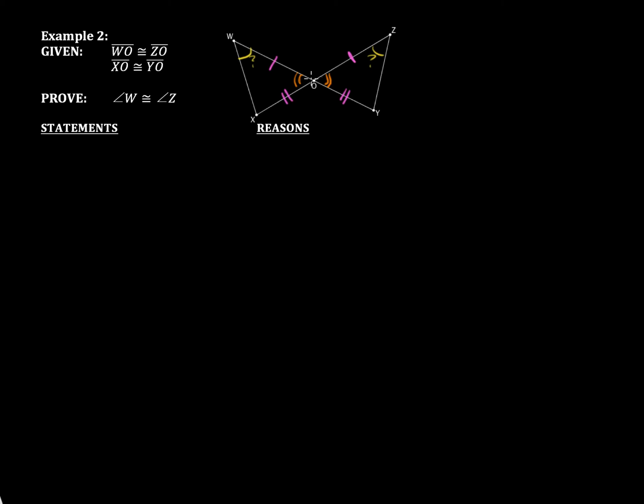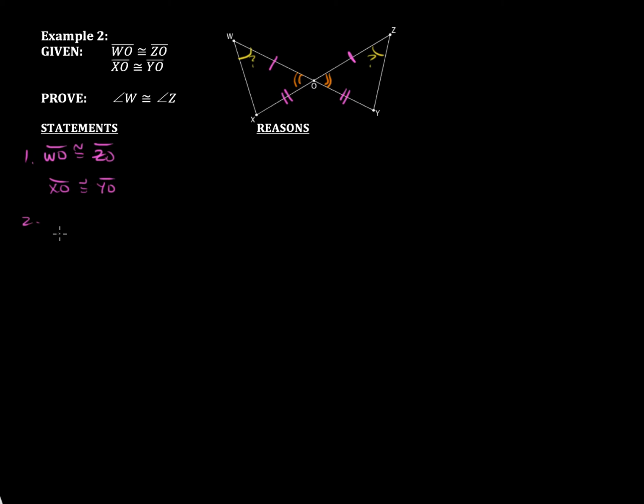So these triangles have to be congruent, and if the triangles are congruent, then any of the pairs of corresponding parts will be congruent. So our plan is going to be to say that, first of all, WO is congruent to ZO, and that XO is congruent to YO.